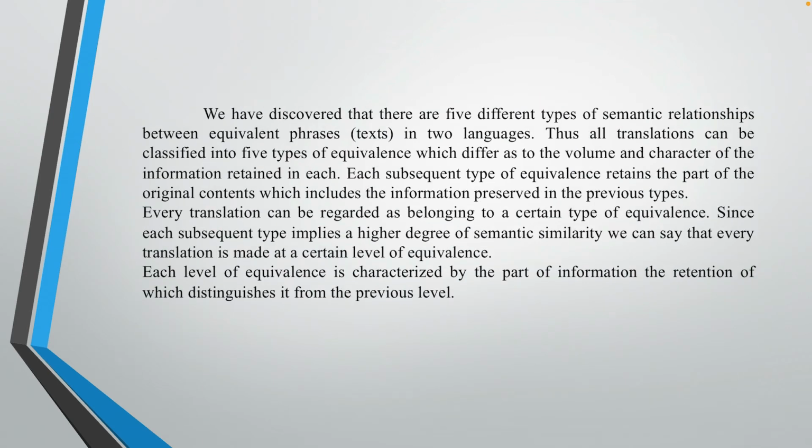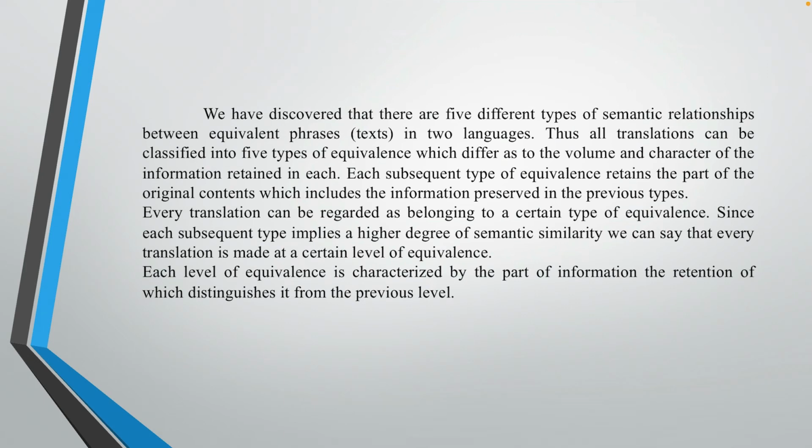We have discovered that there are five different types of semantic relationships between equivalent phrases in two languages. Thus, all translations can be classified into five types of equivalence, which differ as to the volume and character of the information retained in each.